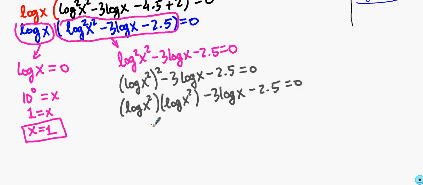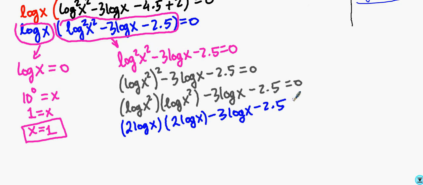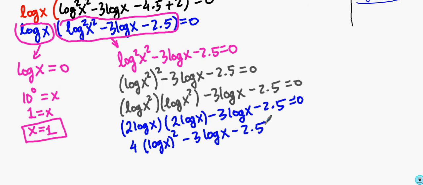Now, using the power rule, we can bring this 2 down. So this is really 2 log x times 2 log x minus 3 log x minus 2.5 equals 0. Now, 2 log x times 2 log x will be 4 log x to the second power minus 3 times log x minus 2.5 equals 0.